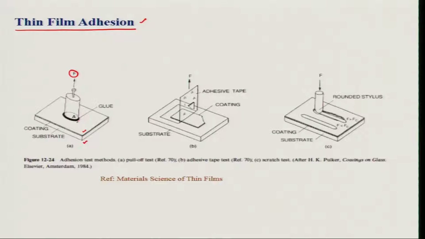The glue sticks to the coating very strongly, but if the adhesion between coating and substrate is not very good, then the force needed to remove the thin film will be lower.